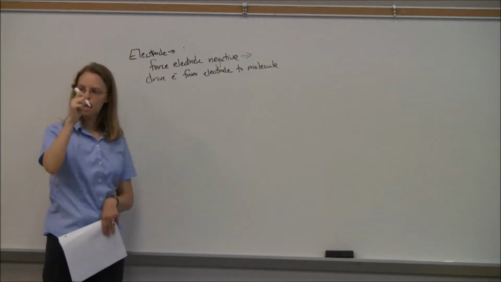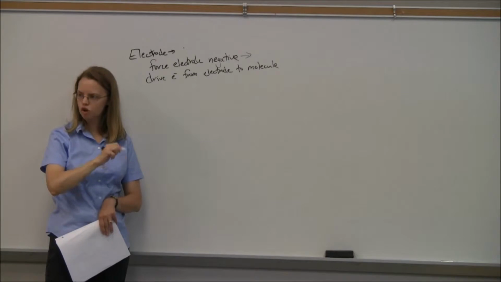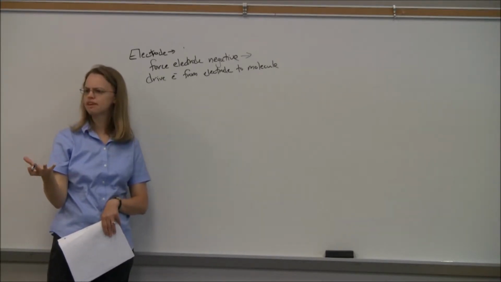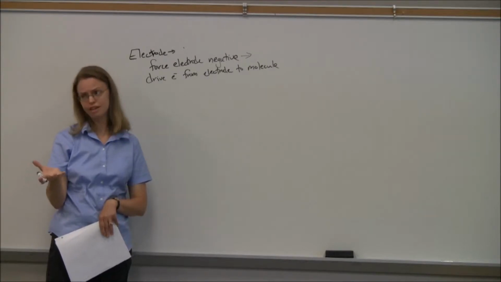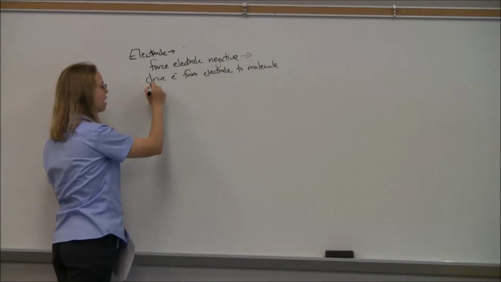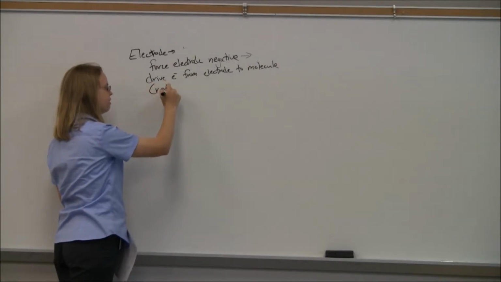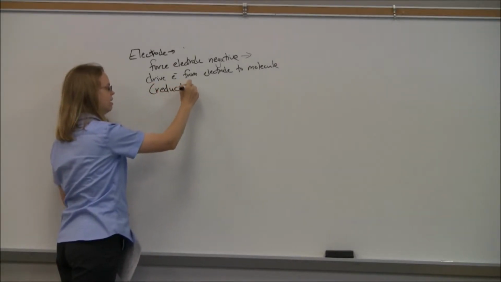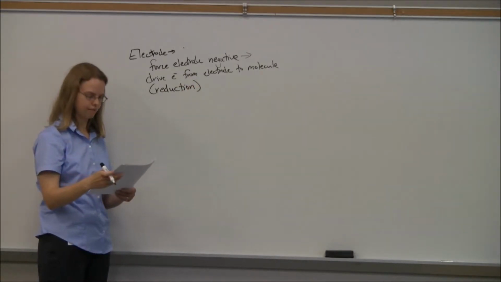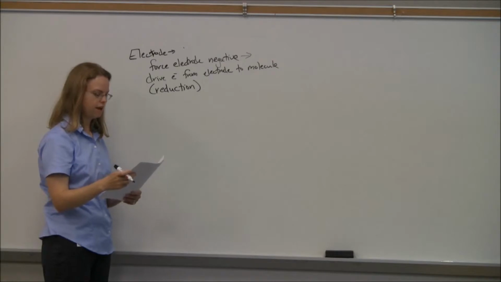So if we go negative, an electron goes from the electrode to the molecule. That kind of makes sense, if you just think about the repulsion energy of it. So that process I just defined for you is a reduction, transferring electrons there.